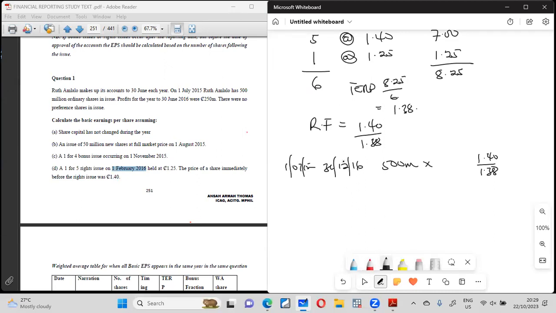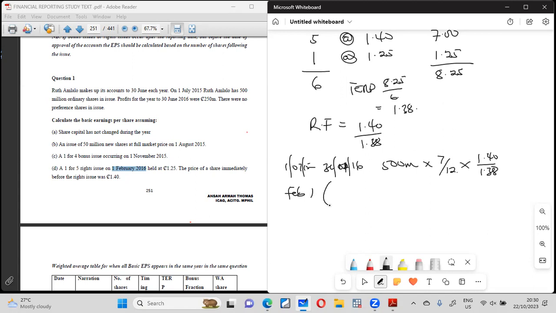Then on February 1, the rights issue was done. So 6 months to December, then 1 in January, making it 7. 7 over 12.